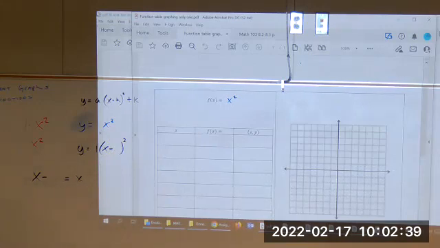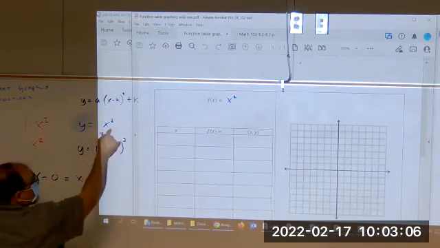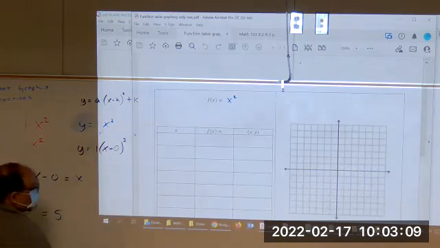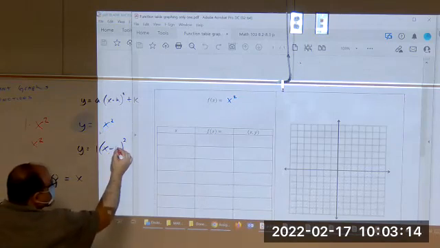X minus what number is equal to itself? Give you a hint. 5 minus what number equals just 5? I heard 1, 5 minus 1 is 4, so that's not it. So it's 0. 5 minus 0 is your 5. So in here, x minus 0 is how you make x. So what's in here? There's a 0.